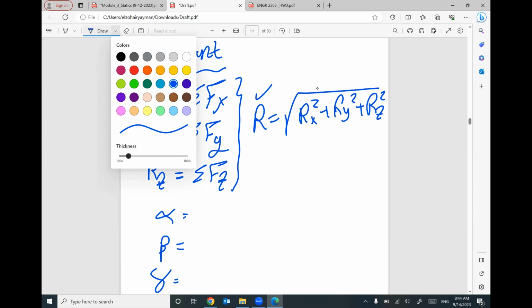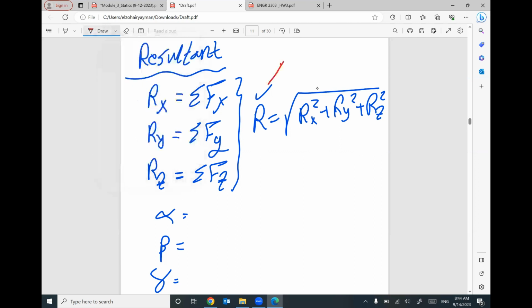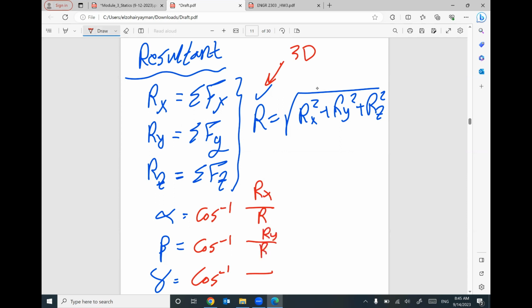The resultant force in 3D is defined with three angles, alpha, beta, gamma. Each will be inverse cosine of the X component divided by R, the Y component divided by R, and the Z component divided by R. So you will have three angles.